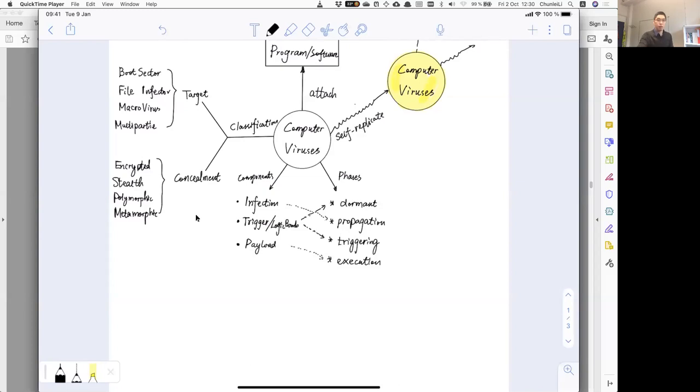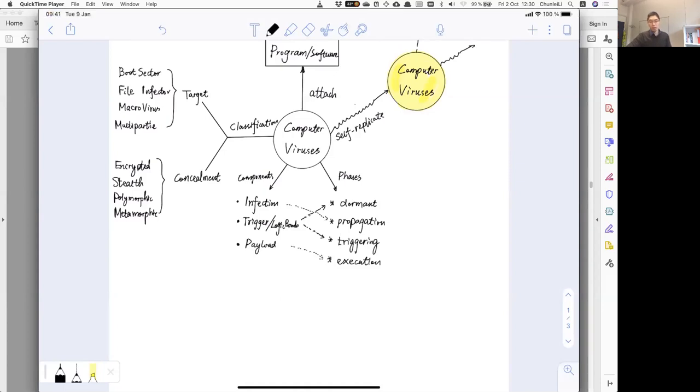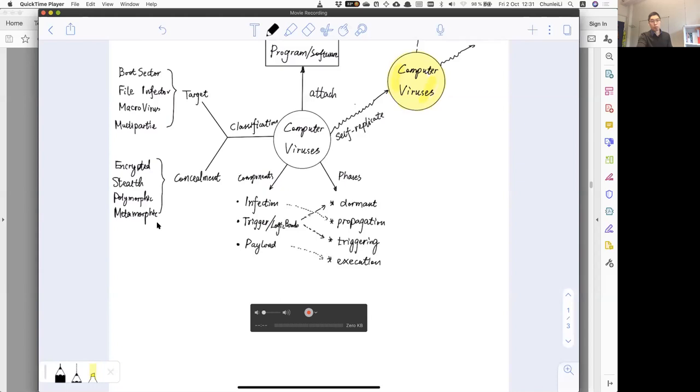We mentioned encryption, where part of the virus contains a randomly generated encryption key and uses some cipher, not necessarily a very strong cipher, to encrypt itself before it replicates, before it attaches to another program.